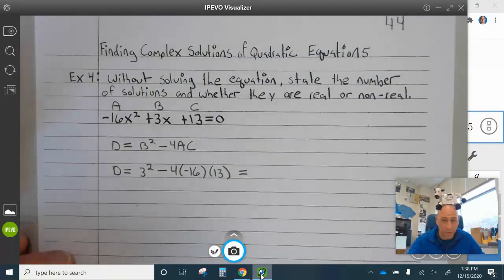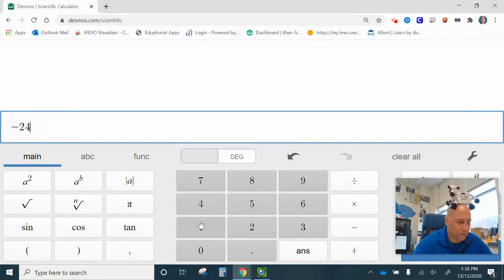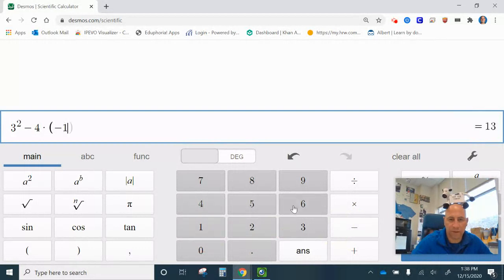Okay, so let's go ahead and use the scientific calculator. So 3 squared minus 4 times parentheses negative 16 parentheses 13 is 841.